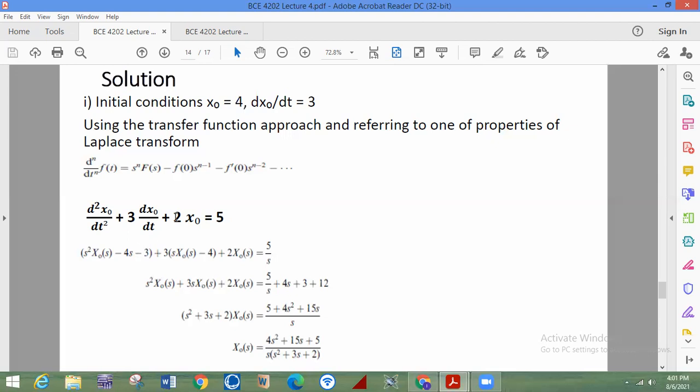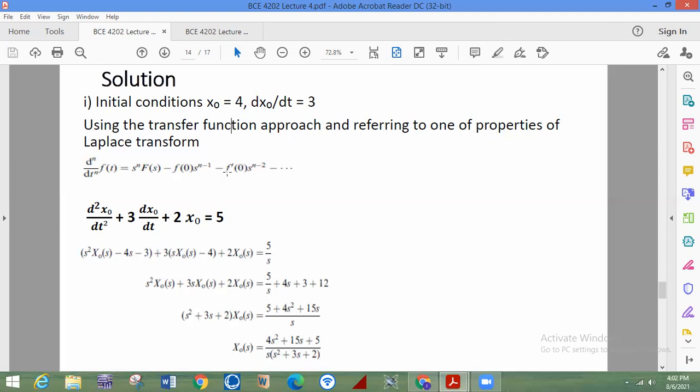Then we continue and apply this. When we go to this, it will be s to the power n minus 2. In our case, n is 2, so it will be 2 minus 2, which is 0, and s to the power 0 will be 1. Any number to the power 0 is 1, right? So it will be 1.